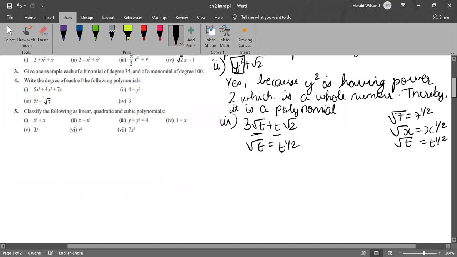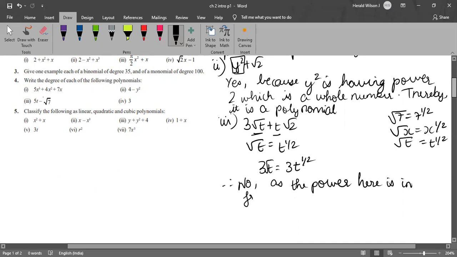So 3 root t is nothing but 3 into t raised to the power of half. So we can say therefore no, as the power here is in fractional form. That's why we can say that it is not a polynomial. It is in fractional form.